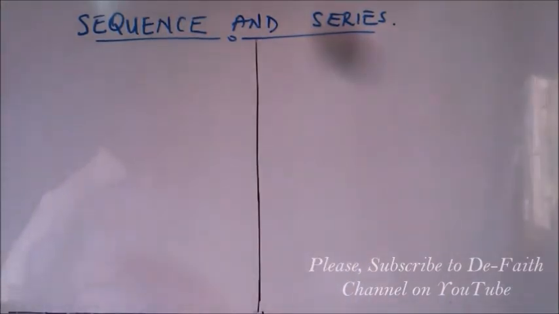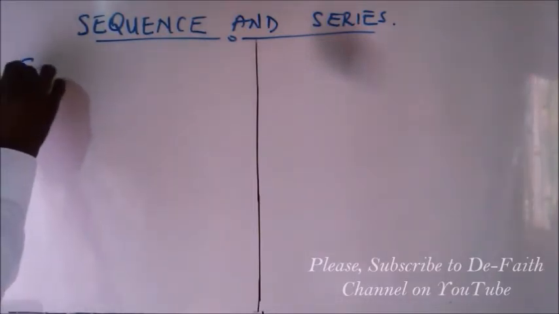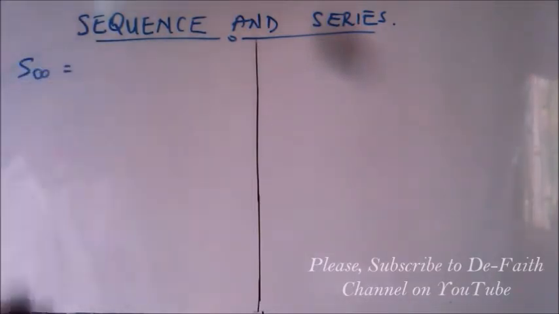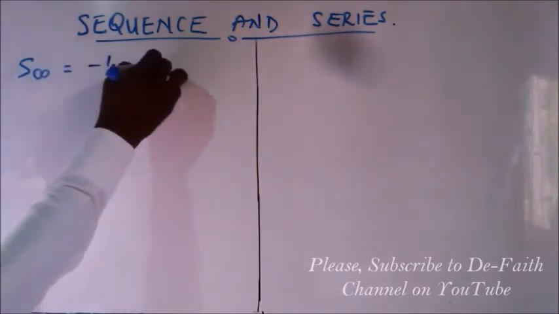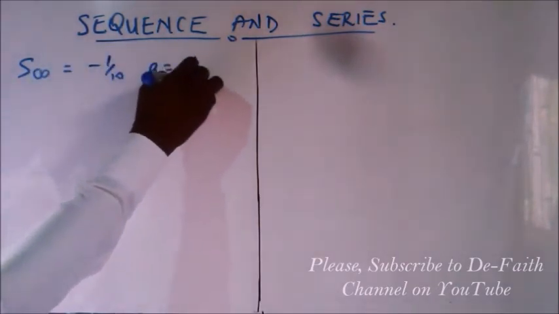Next question says the sum to infinity of a GP is minus 1 over 10, and the first term is minus 1 over 8. Find the common ratio of the progression. We have that the sum to infinity equal to minus 1 over 10, and it has a first term of minus 1 over 8.